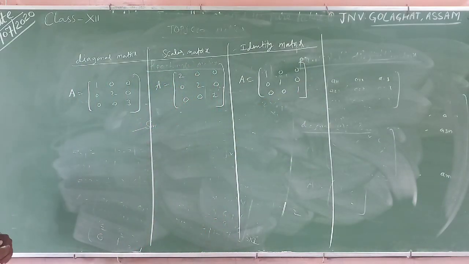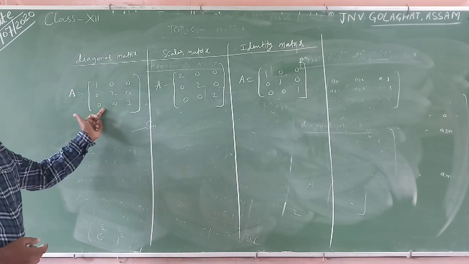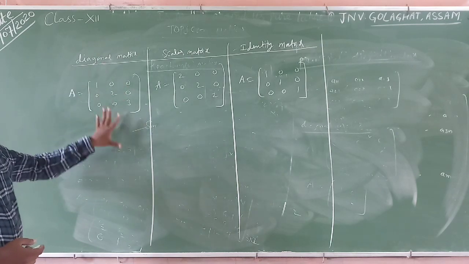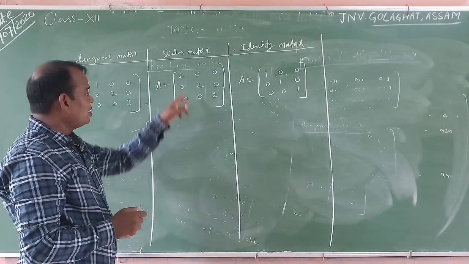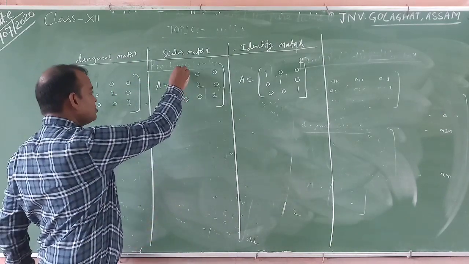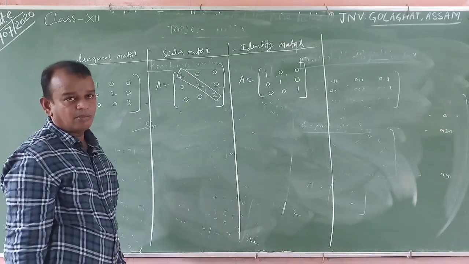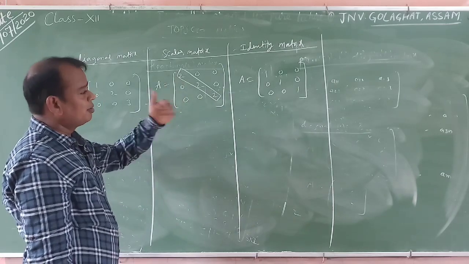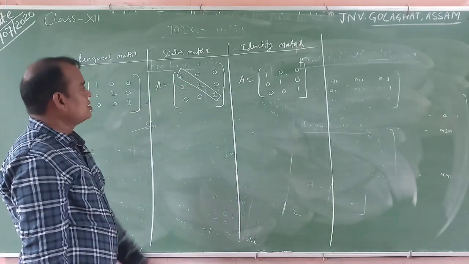In a diagonal matrix, other than the principal diagonal elements, all must be equal to 0. In a scalar matrix, all the principal diagonal elements must be equal, whether 2, 2, 2 or 3, 3, 3. This is a scalar matrix.